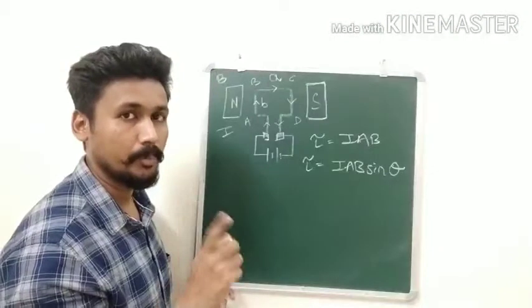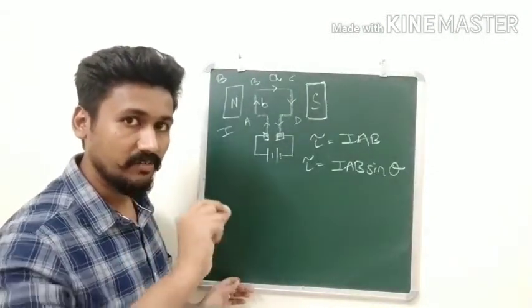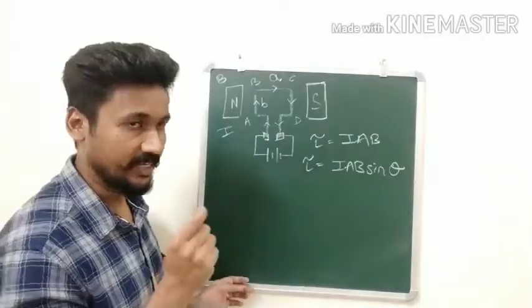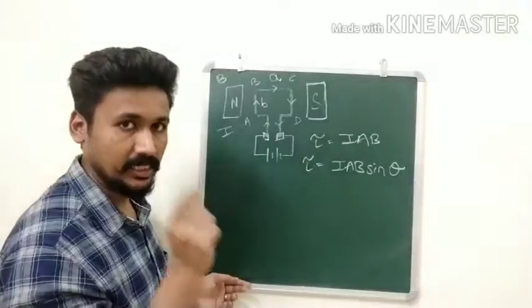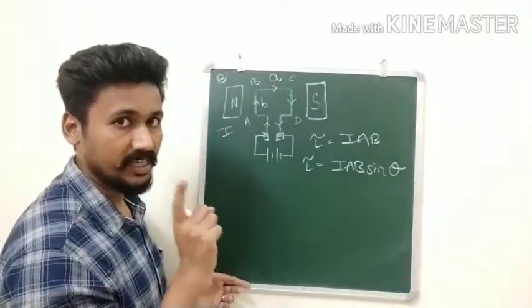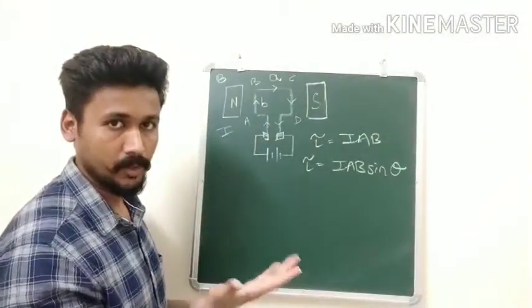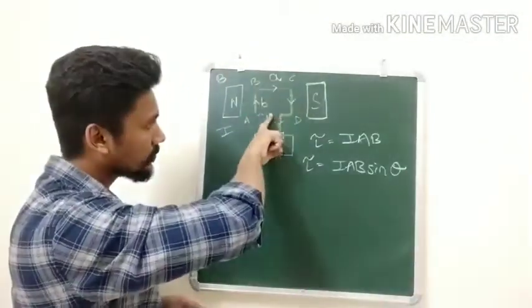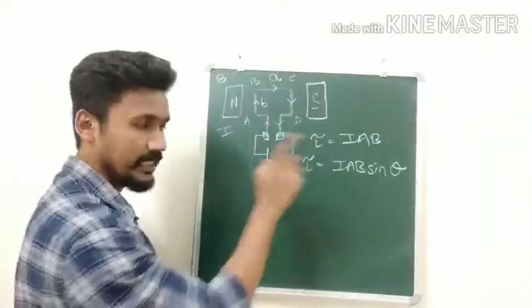Now I hope you remember we had discussed this topic, that there are some scalars which are actually represented as vectors. Area is a scalar quantity, but here we will represent it as a vector quantity. How do we give a direction to that vector quantity? Again, we use the right hand thumb rule. We use the direction of the current, and the thumb will give the direction of the area vector.